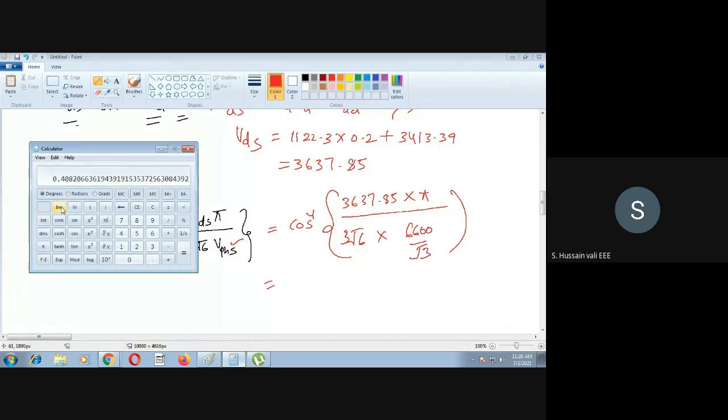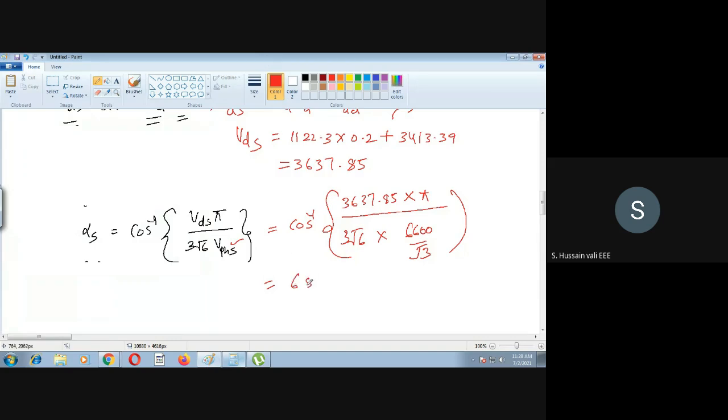See, you can cross check yourself, there is no problem in that. Okay, so we got 65.9, that's the answer. So 65.9, that's it, this is the answer.